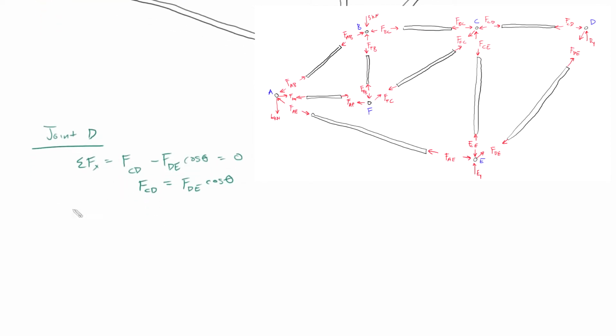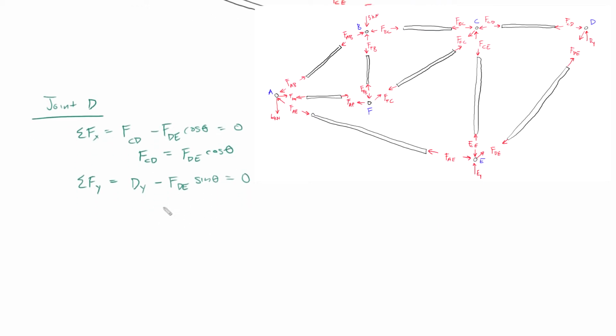And then we can sum the forces in the y direction. We get dy, which we found earlier, minus FDE sine theta equals 0. And now we're going to solve for FDE. So FDE is equal to dy over sine theta.